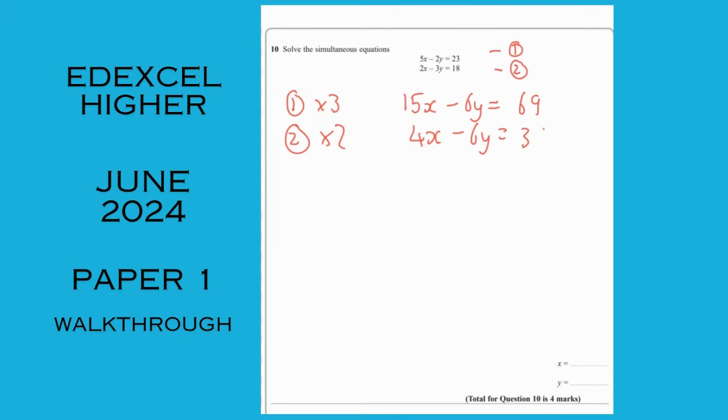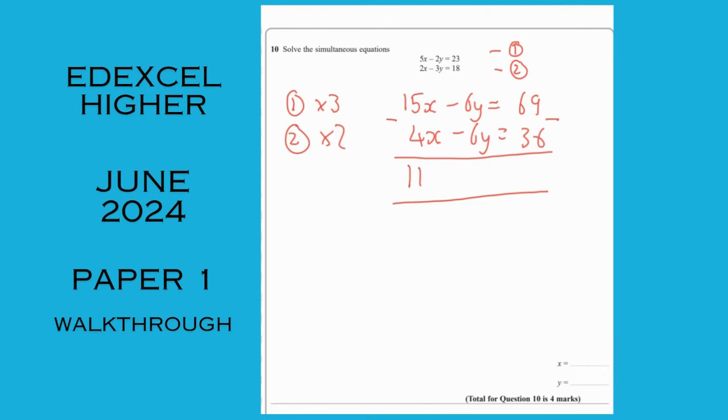And that tells us that the coefficient, the number in front of y, is not just 6, not just the same absolute value, but also the same sign. And we know from simultaneous equations, same sign, subtract.